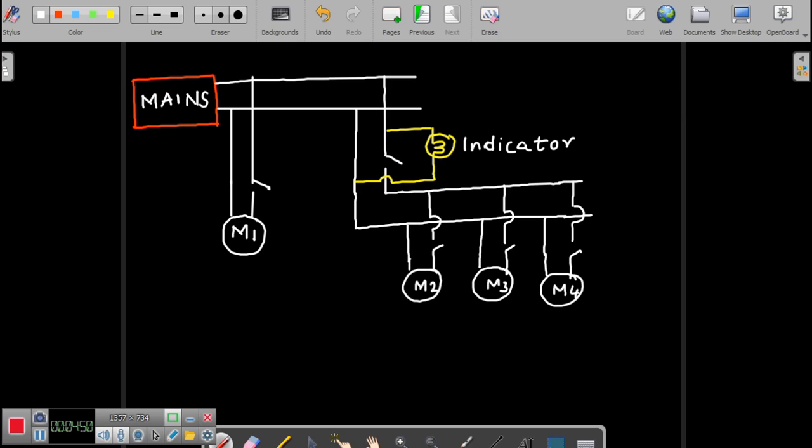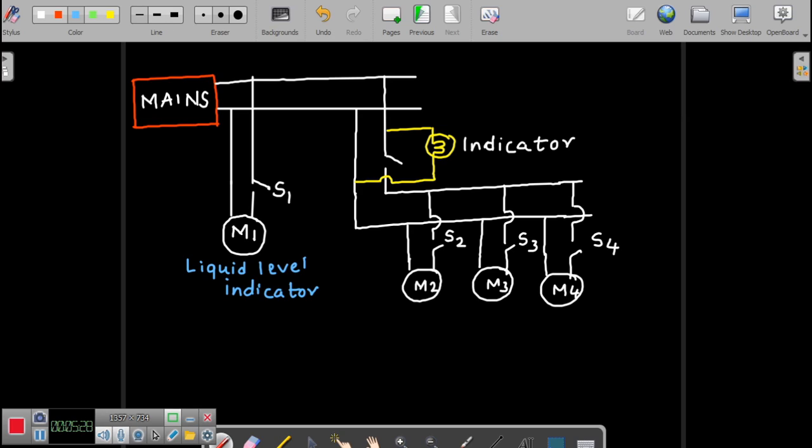This is the indicator. This is, say, S1. This is S2, S3 and S4. Maybe this motor here, we can take it as a liquid level indicator.